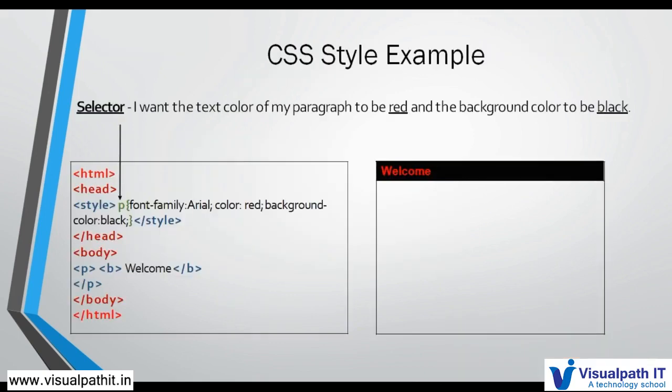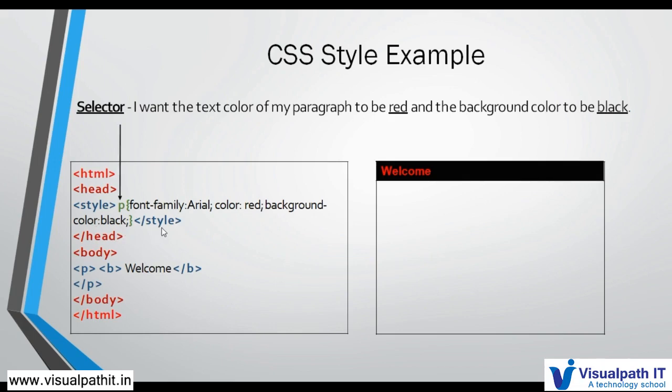Going next, we'll see some CSS style examples. Here, for the selector, I want the text color of my paragraph to be red and the background color to be black. To do that, in the head we had written the p selector with curly brackets open, then the font family, color red, background color black.